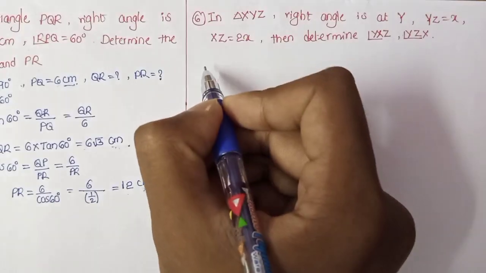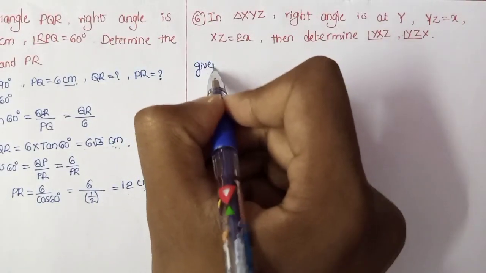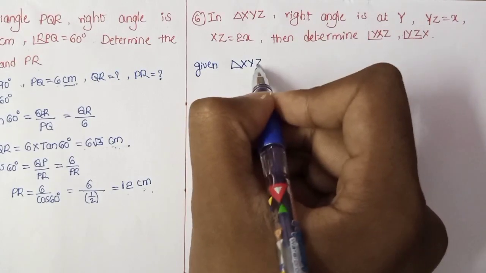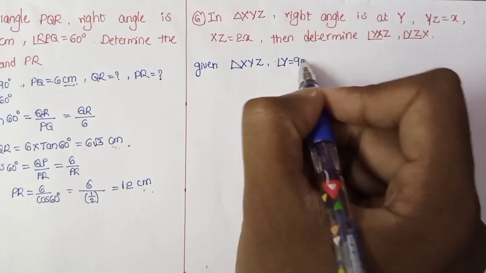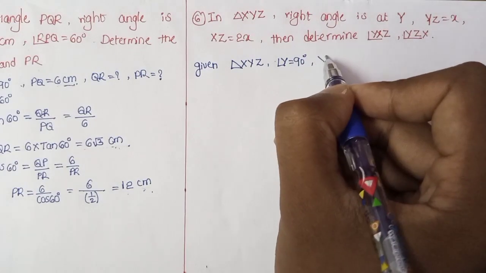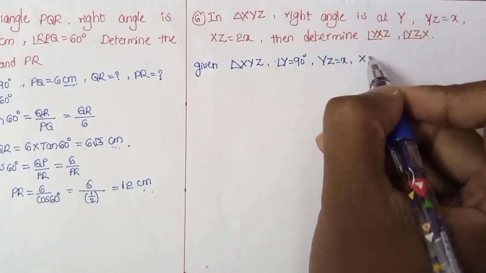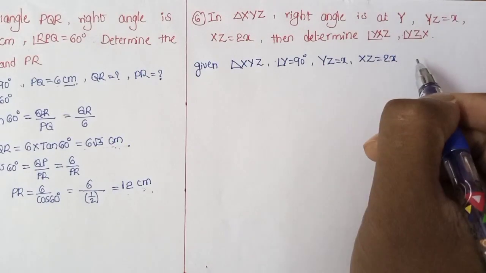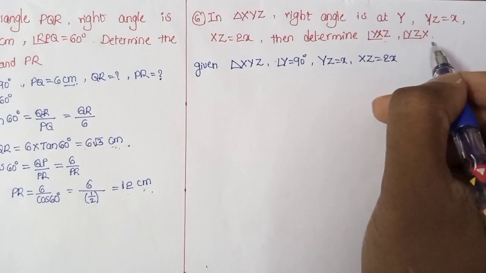What they have given is a right angle triangle XYZ, angle Y is 90 degrees, the side YZ is equal to x, and XZ is 2 times YZ, that is 2x. So we need to find angle YXZ and angle YZX.